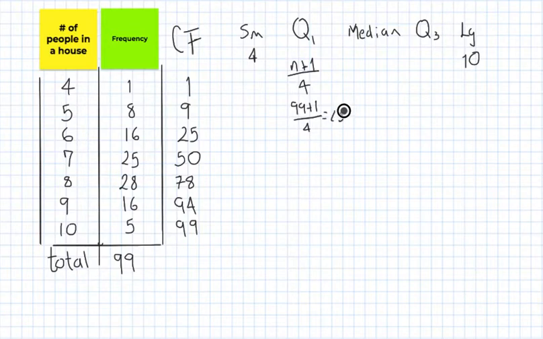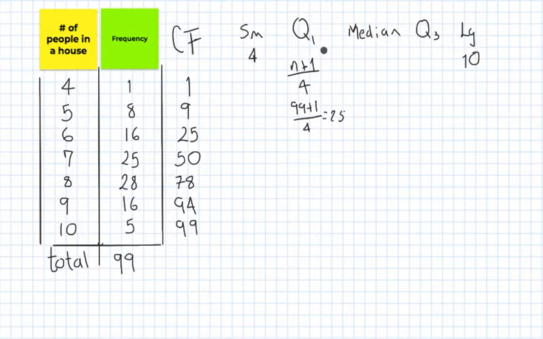But 25 is not the value that we have in our Q1 or lower quartile. 25 is the position that we're going to look up in our information in order to pick the number for Q1. So the position 25, we find it here in the cumulative frequency. The value that is in the position 25 is 6. So the value that we're going to have in our Q1 or lower quartile is 6.